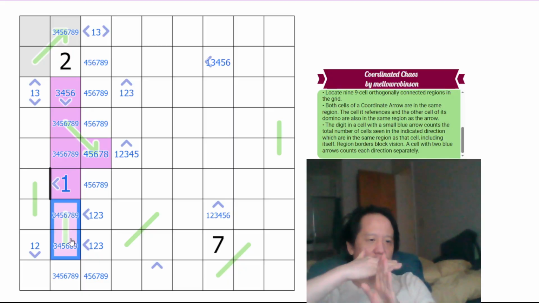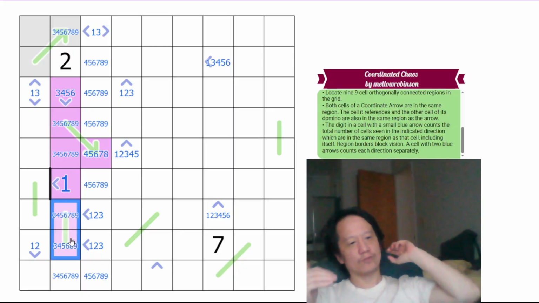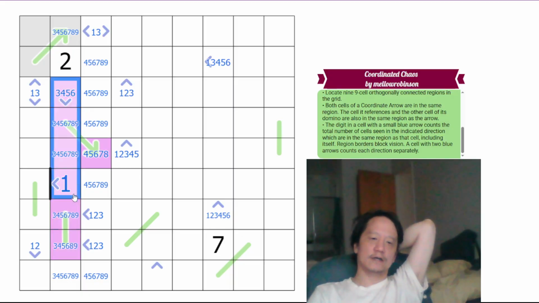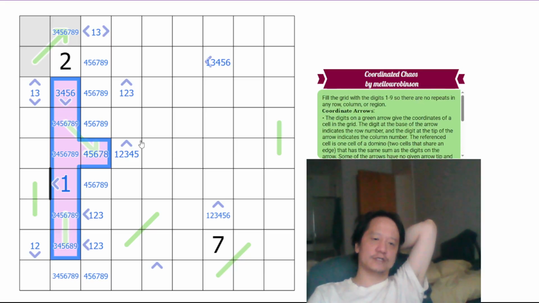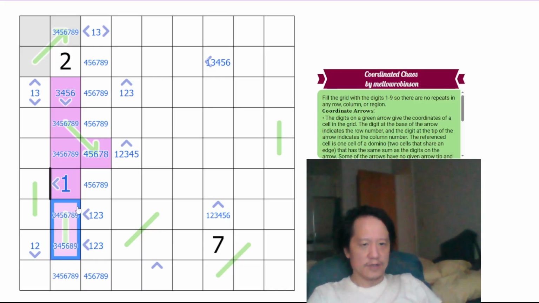Because the only way you can have a domino is if they're in the same row or the same column. And since there are no duplicates in the region, because of the chaos construction rule set, these cannot ever be in the same row or column, which is why they're pointing to two completely different variables.